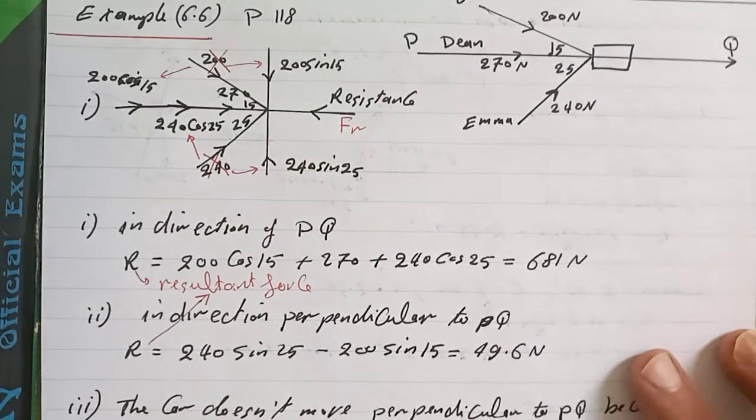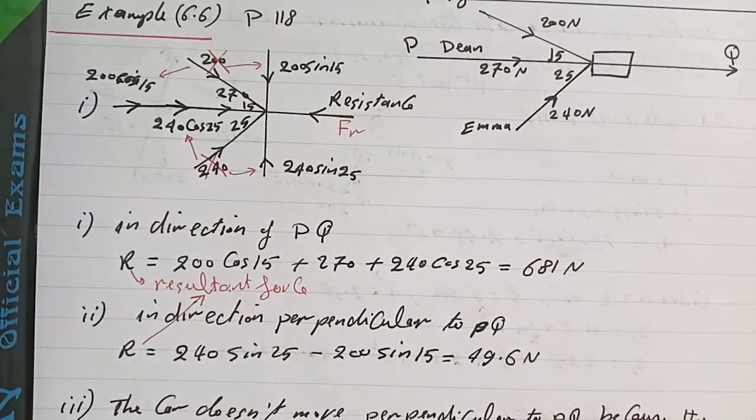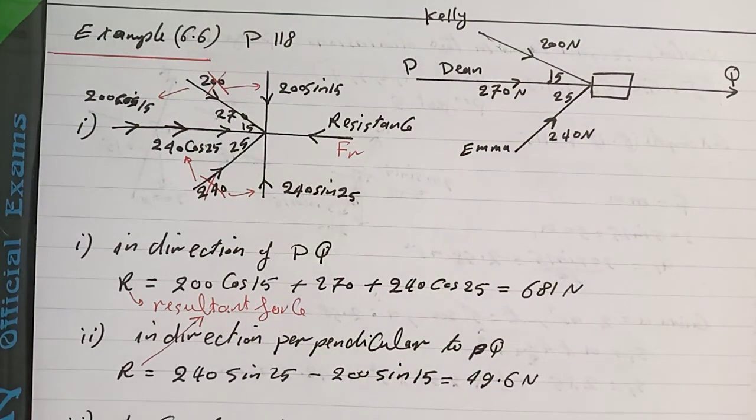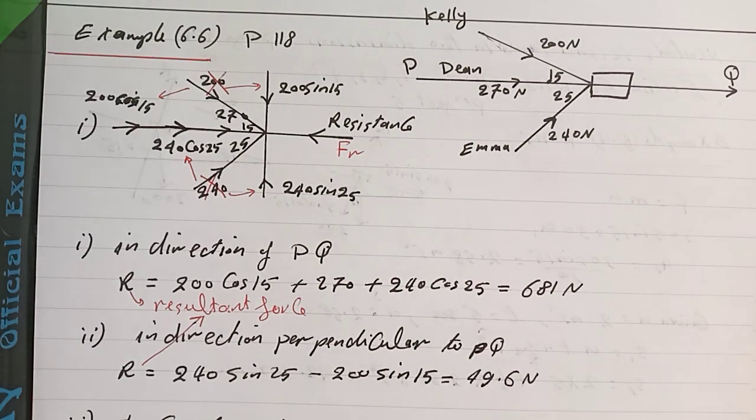In example 6.6, this is page 118. A car of mass 1000 kilograms, including its driver, is being pushed along a horizontal road by 3 people, as indicated in the diagram.